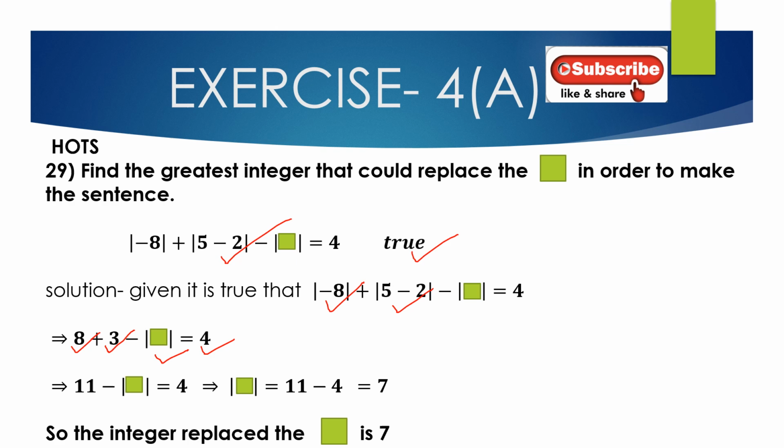We know 8 plus 3 is 11. 11 minus absolute value of box equals 4. This implies the absolute value of the box is equal to 11 minus 4, which is 7. So the integer that replaces the box is 7.